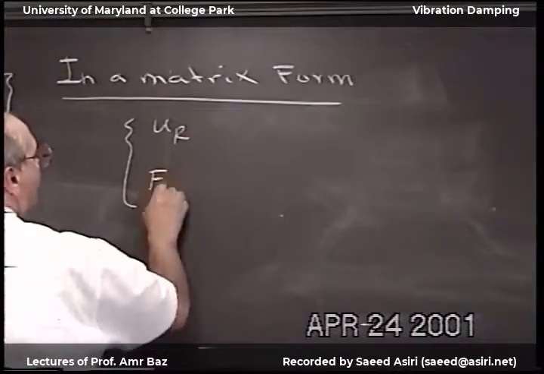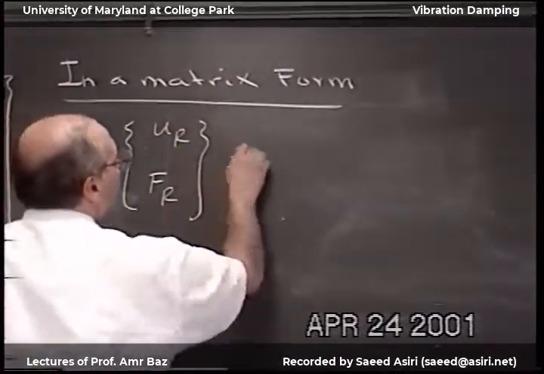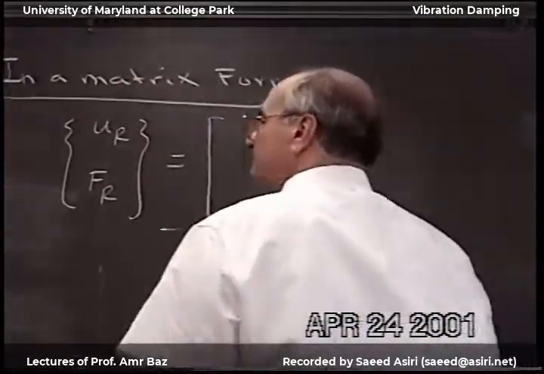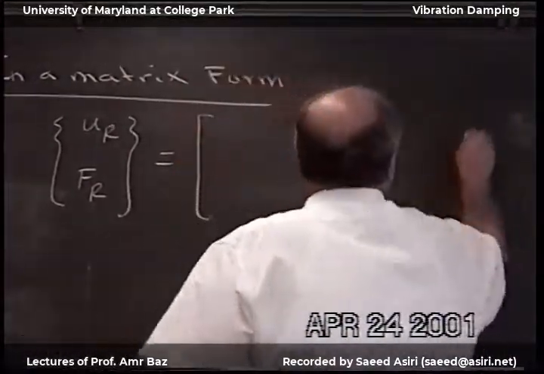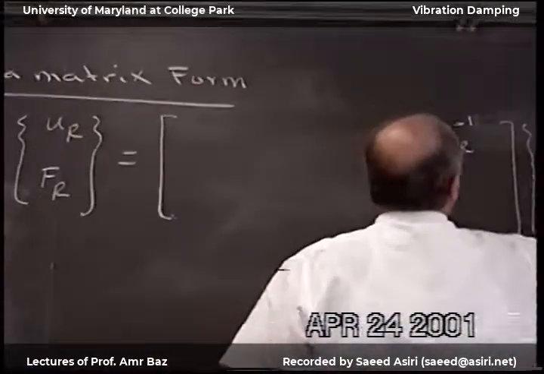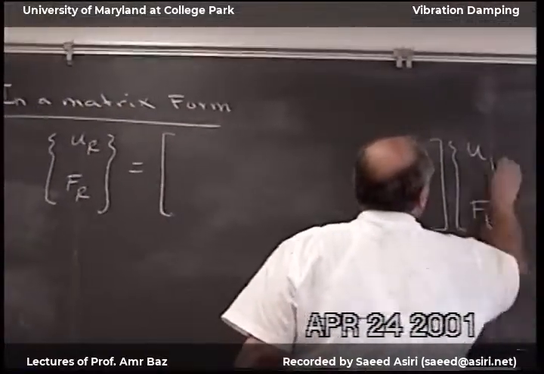U right, F right is equal to KLR inverse, U left, F left.